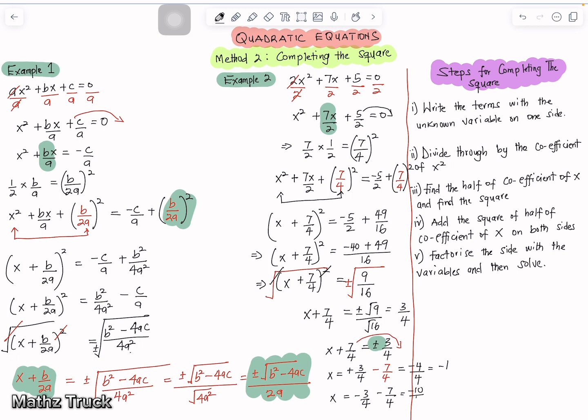Negative 10 over 4, 2 going into negative 10, negative 5, 2 going into 4, 2. So these will be the final answers that you will be expecting to have. Your final answers will be negative 1 or negative 5 over 2.